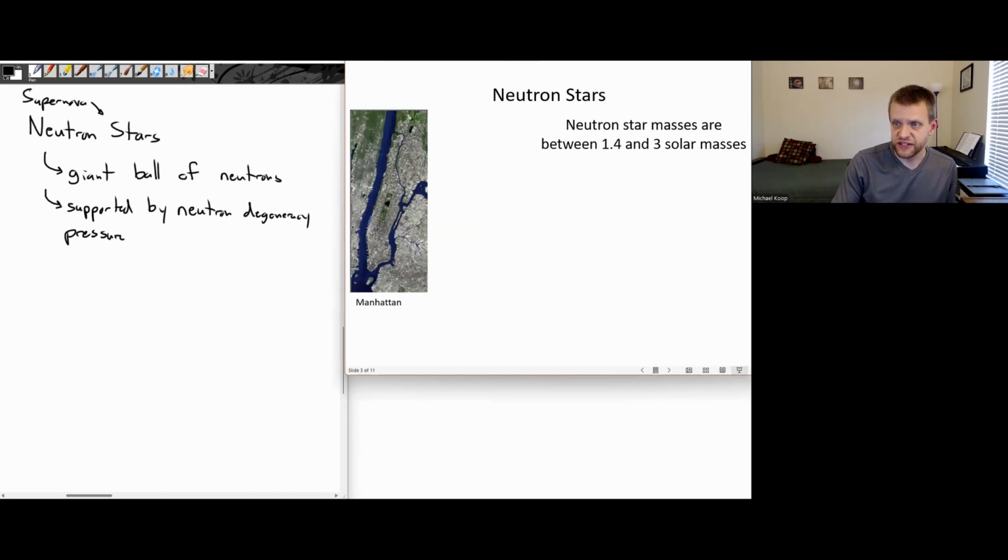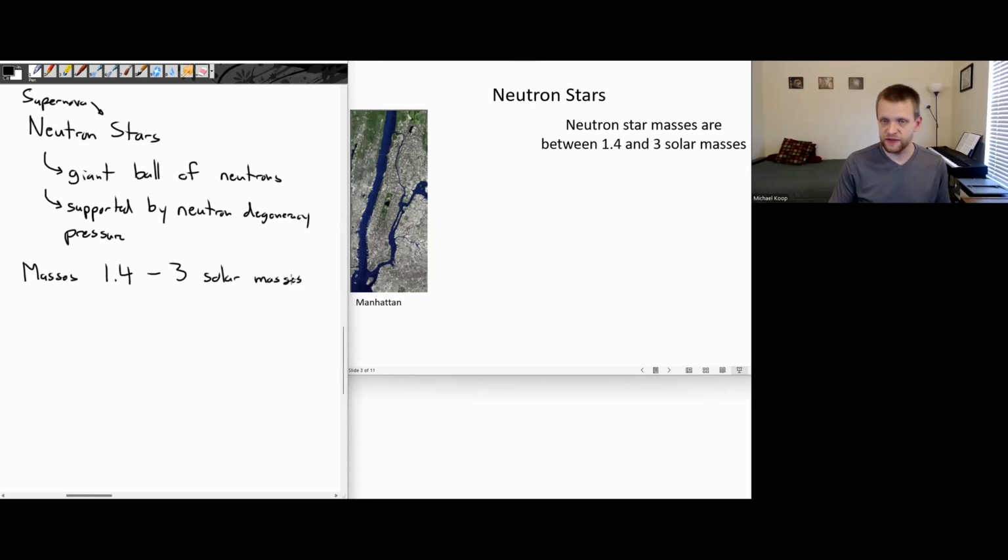General properties of these things. These neutron star masses are between 1.4 to 3 solar masses. So even the lowest mass of these neutron stars is more massive than our sun. Our sun will never end up as a neutron star. It's going to end up as a white dwarf, since our sun is considered a lower mass star.